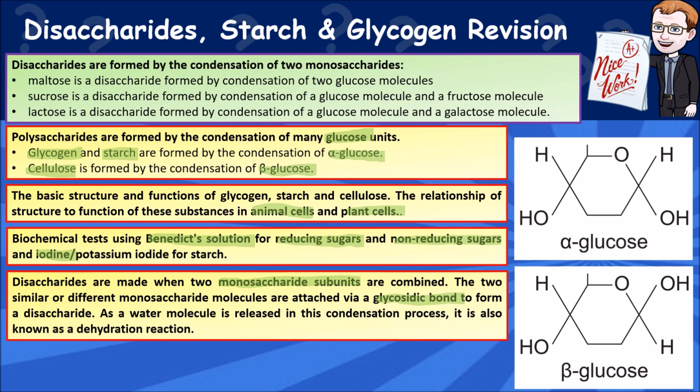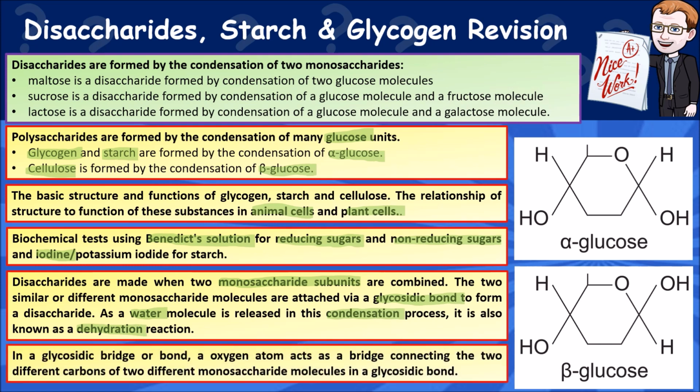When we form a glycosidic bond, water is released because it is a condensation reaction. Also it can be called a dehydration reaction, but generally we call it a condensation reaction. So a glycosidic bond or a glycosidic bridge, the oxygen acts a little like a bridge that connects the different carbons of two different monosaccharide molecules. Like we said, we call that a glycosidic bond.